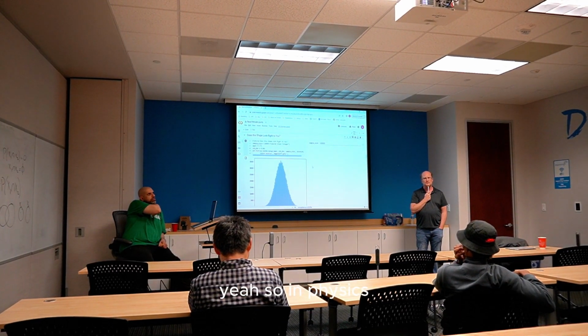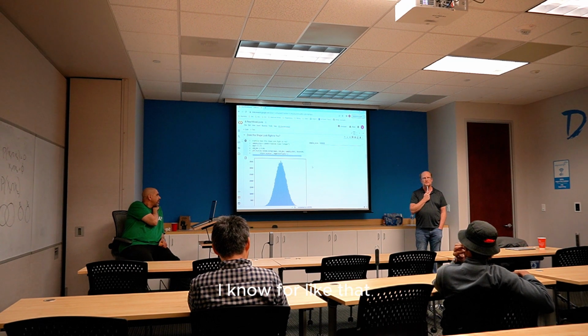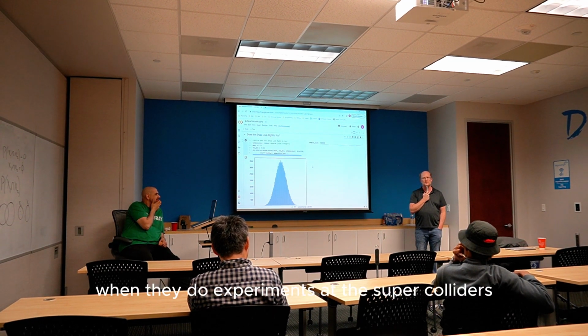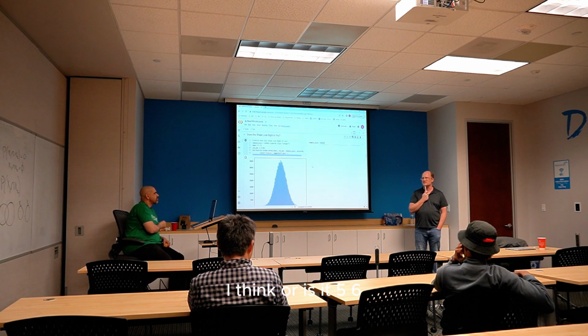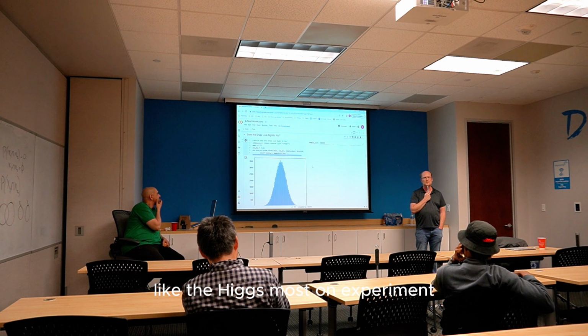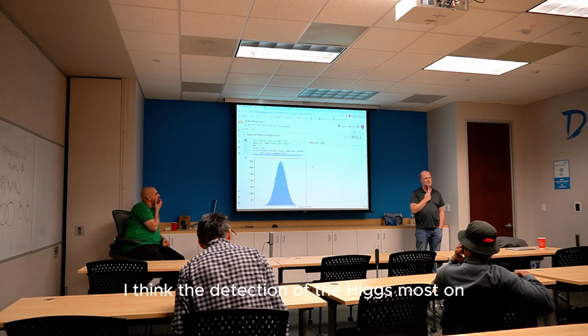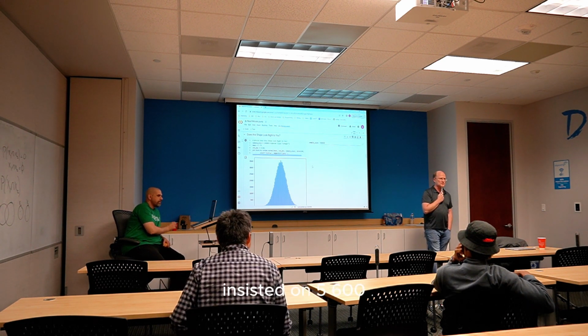In physics, they use 6 sigma. When they do experiments at the super colliders, they insist on it. Or is it 5 sigma? I can't remember. For the detection of the Higgs boson, I think they insisted on 5 sigma.